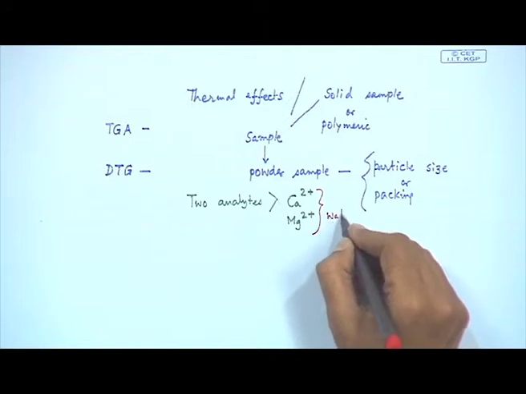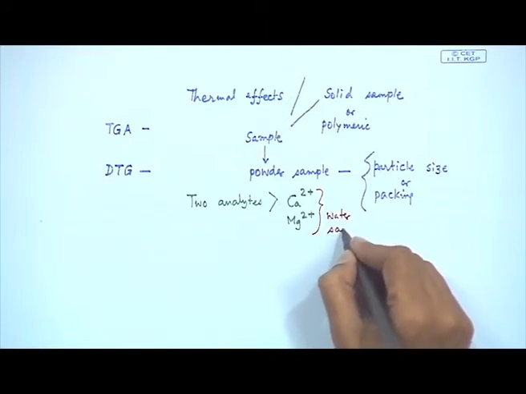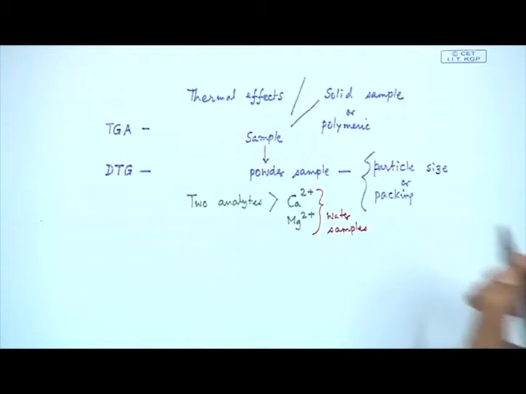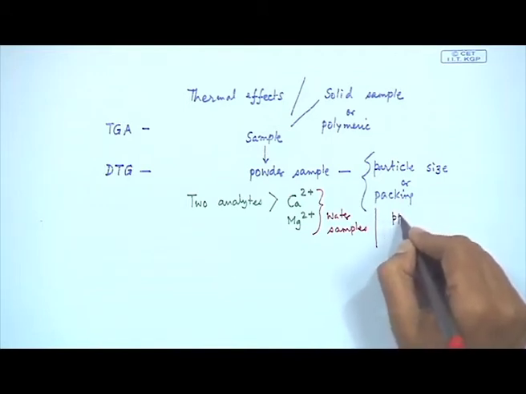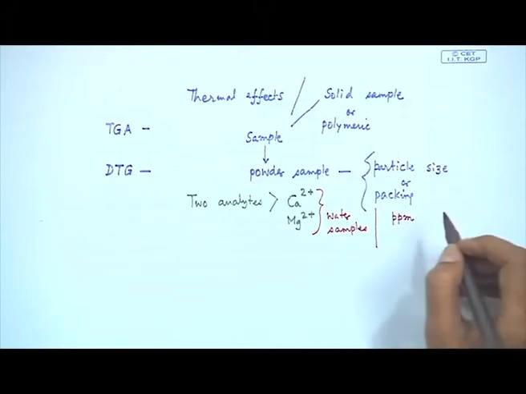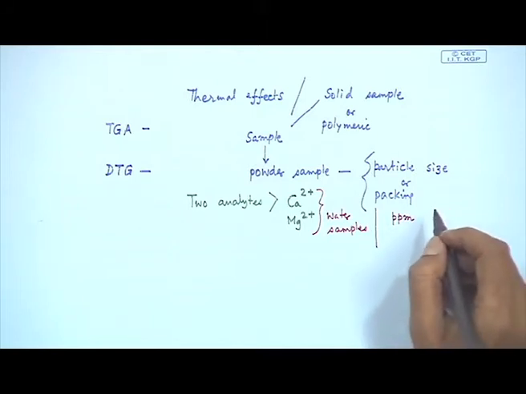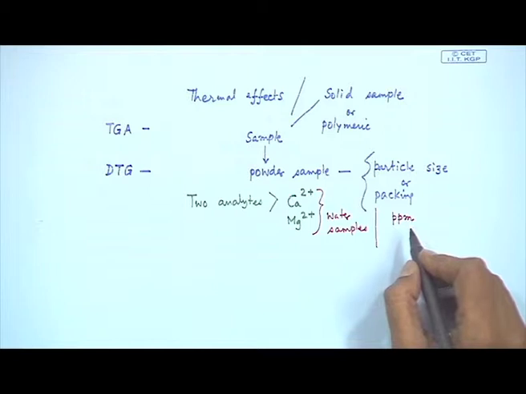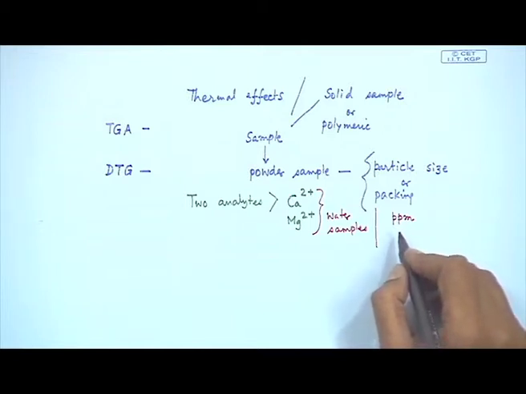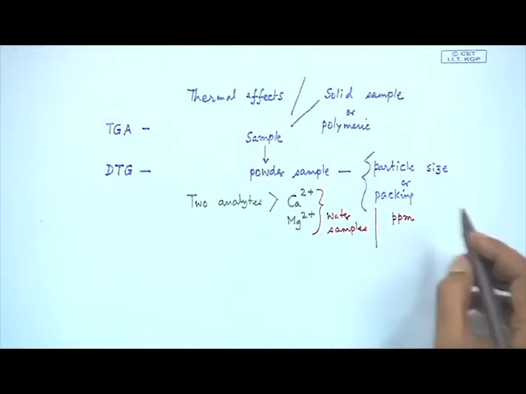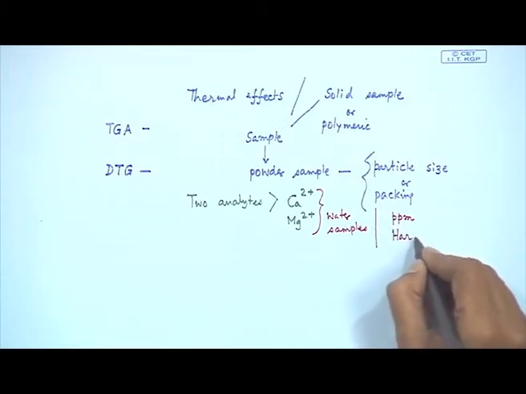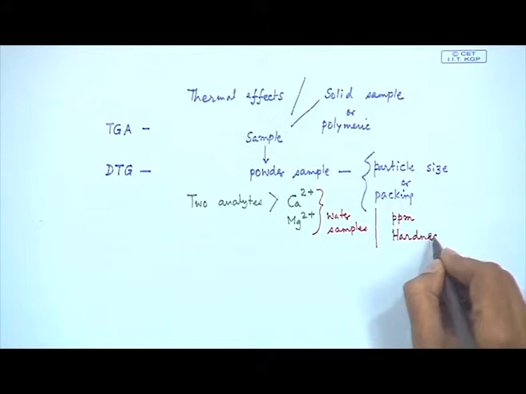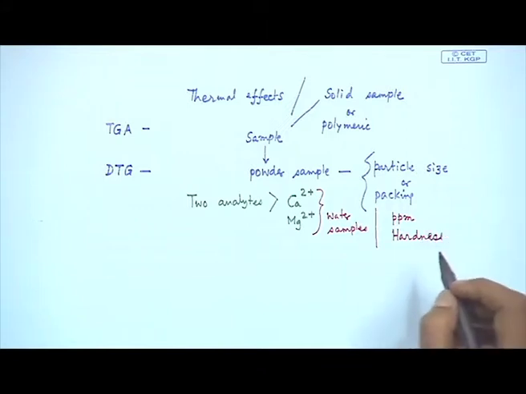Sometimes we define a unit, parts per million, and if we apply it to calcium and magnesium present in water, that gives us the hardness of that particular water sample.